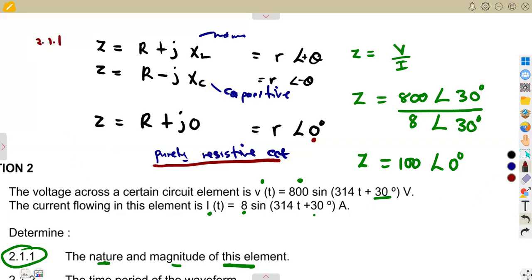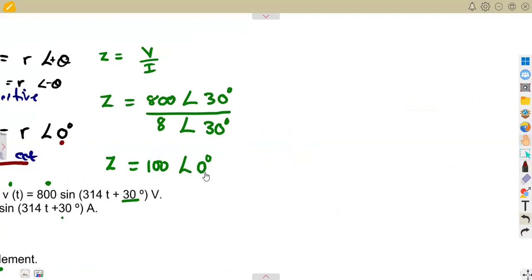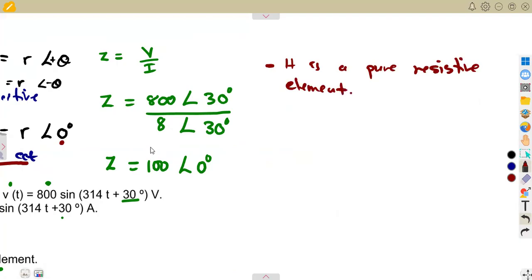So from this zero we can conclude that this is a pure resistive circuit, all right? So this is a pure resistive circuit that you are going to have at the end, which is the element, the pure resistive element. Why?